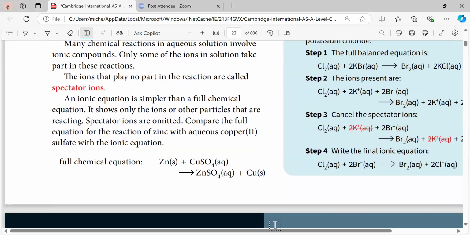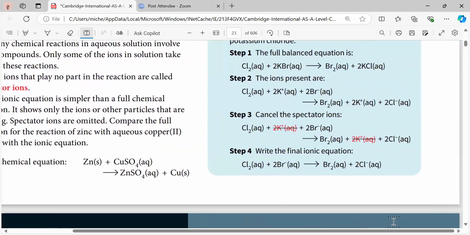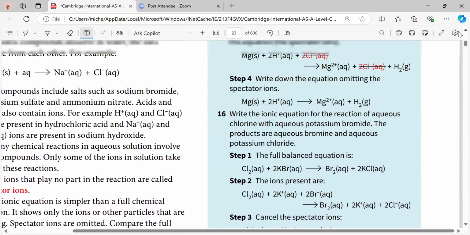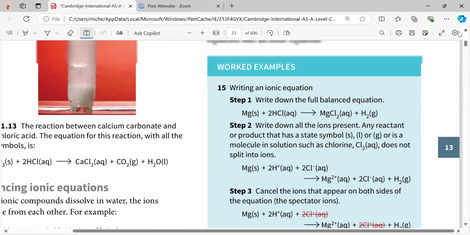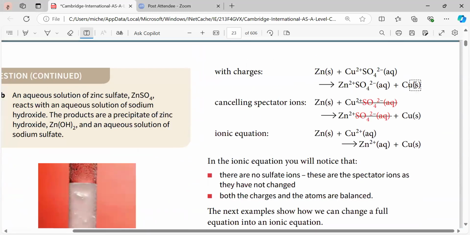Full chemical equation. There you can see. I'm just going to give you guys the worked example after this. So this is with charges. With charges we have a 2+ ion, positive ion charge, and this is a negative ion charge.